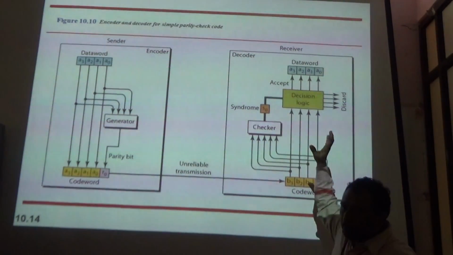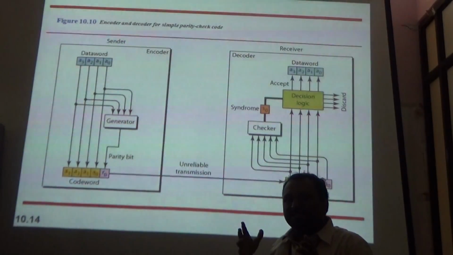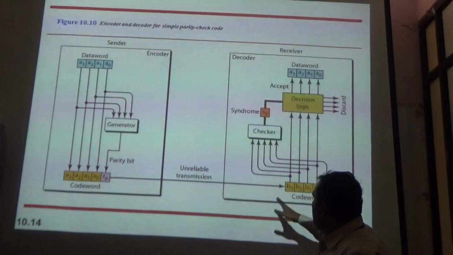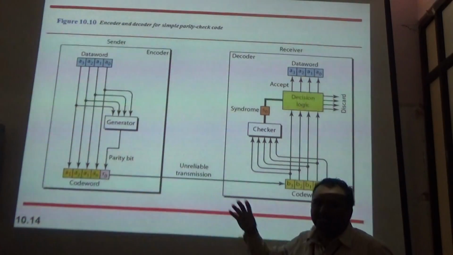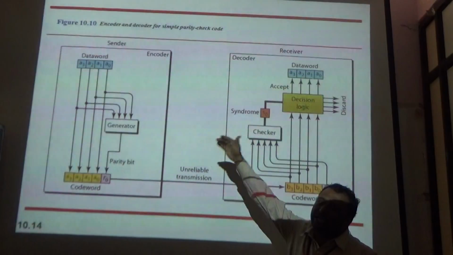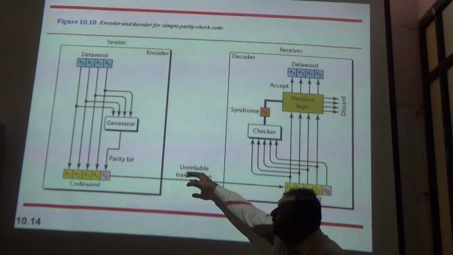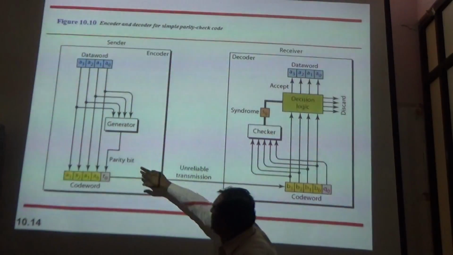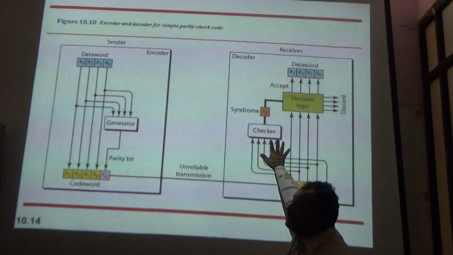So what this linear block code system defines is, if such an unreliable channel is there, then we will generate a code word from the data word with the help of a generator, and that key we will share with the receiver side.